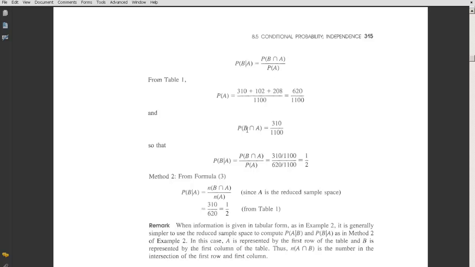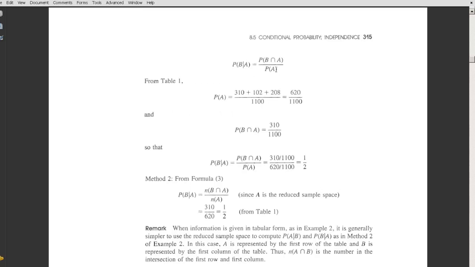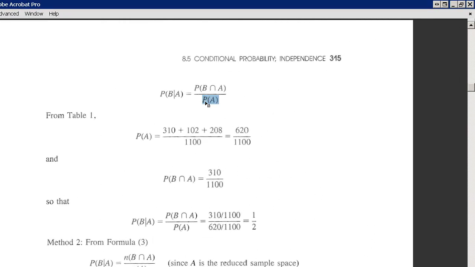We need the probability of B intersect A. We already did that because that's the same as A intersect B. That's 310. So we need the bottom part, which is the probability of A.